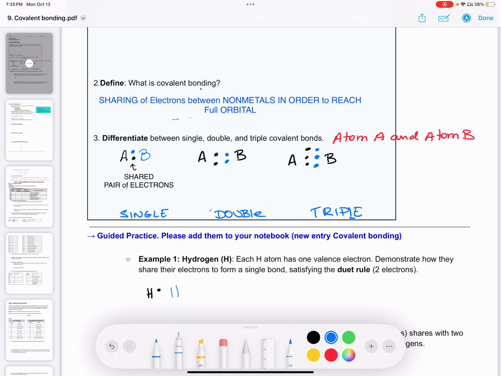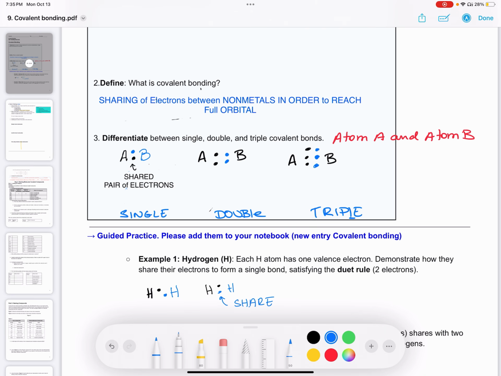Okay, those are your two hydrogens. So what will happen is they will come together and share these electrons.